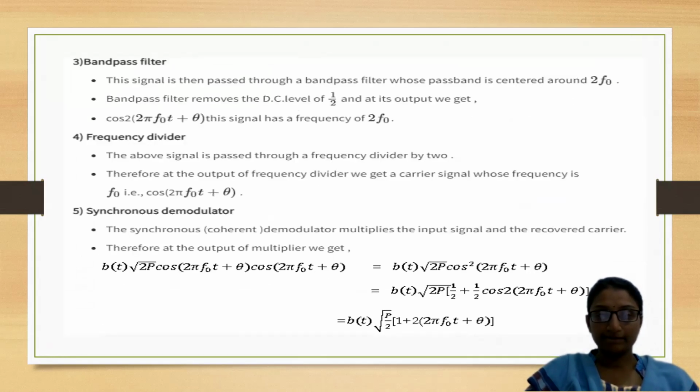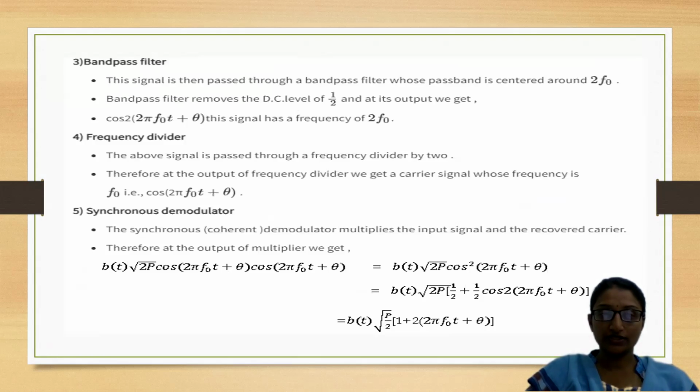So when you give that particular signal to a band pass filter, the DC term is neglected and you are left with only the cos term. Further, this cos term is sent to a frequency divider so that the factor 2 gets cancelled.